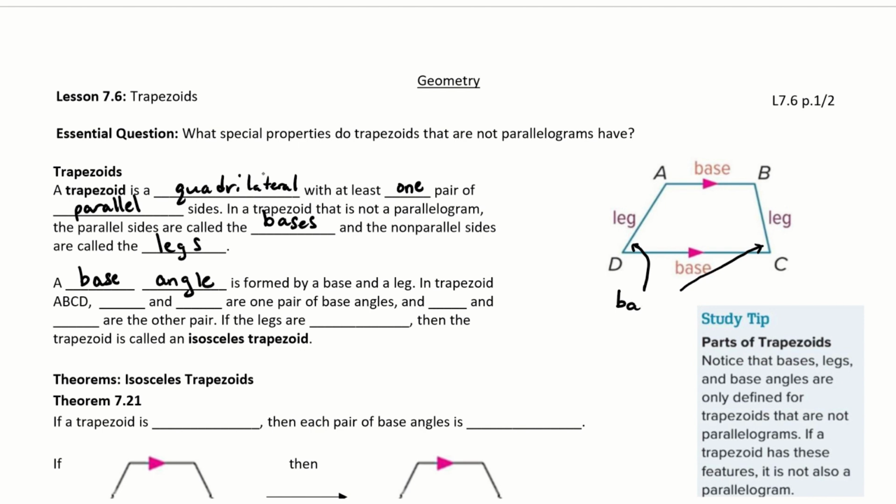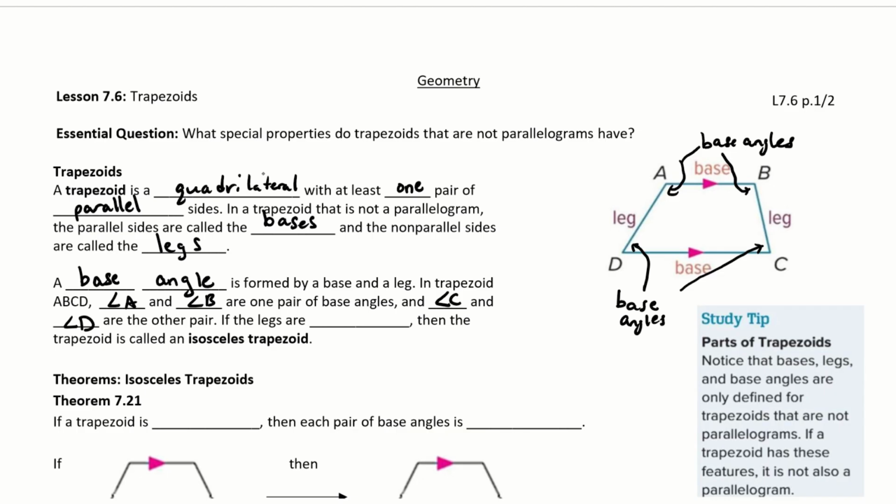So that's one pair of base angles. And these would be another pair. So you have two pairs of base angles here. All right, so angle A and angle B are one pair. Angle C and angle D are the other pair.